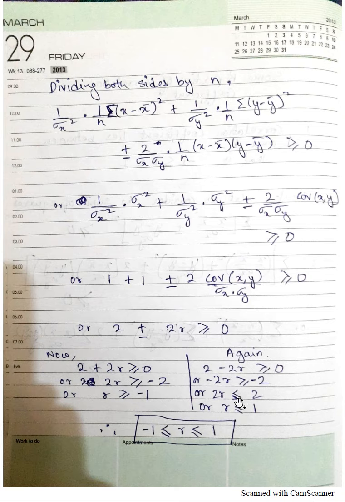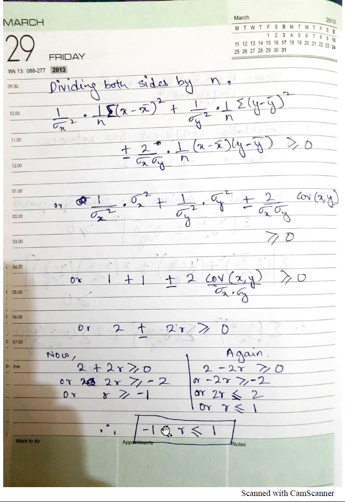It is a rule of inequality sign. If we multiply both sides by minus, we have to invert this greater than or equal to sign to less than or equal to sign. So 2r is less than or equal to 2, or r is less than or equal to 1.